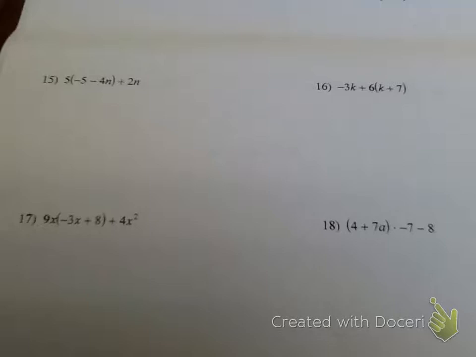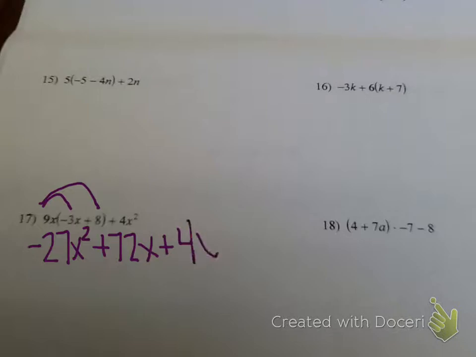You can try 15 and 16, and then let's do together 17 and 18. Multiply my 9x by negative 3x and get negative 27x squared. 9x times 8 is 72x plus 4x squared.